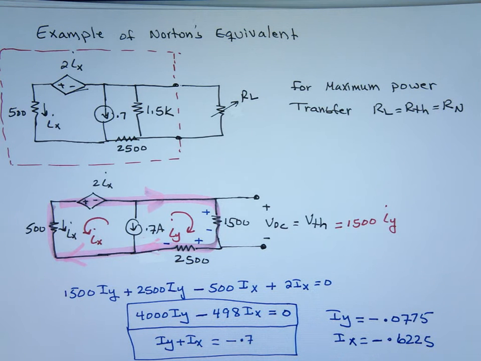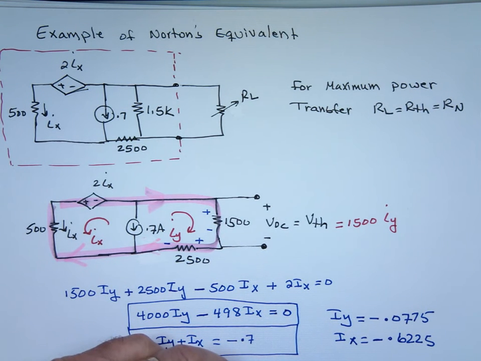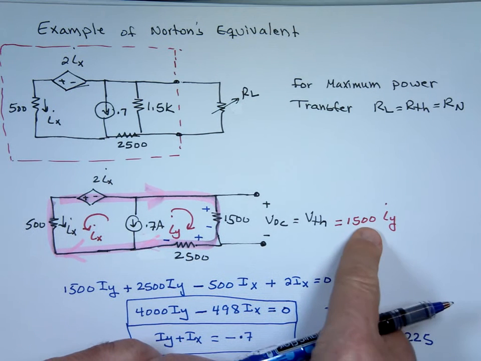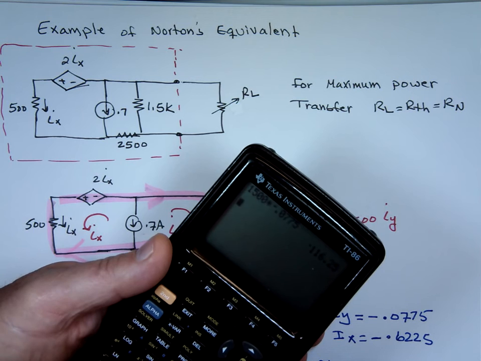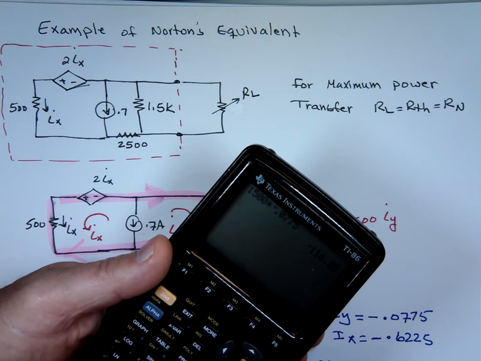Do we know what Thevenin is now, or V open circuit? What's V open circuit, which is Thevenin? 1,500 times I sub y, which is negative 0.0775, negative 116.25 volts.